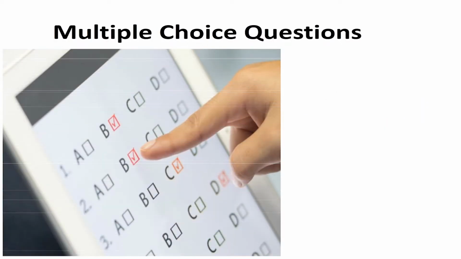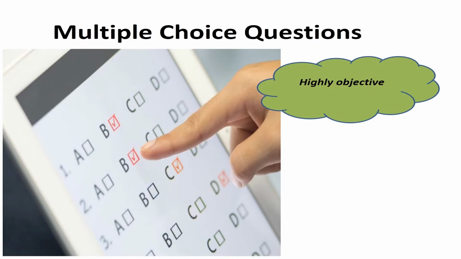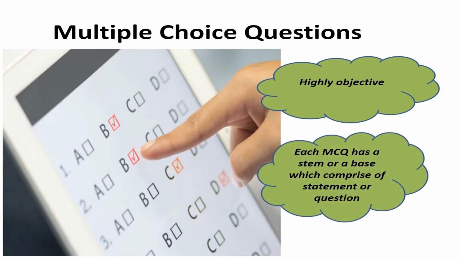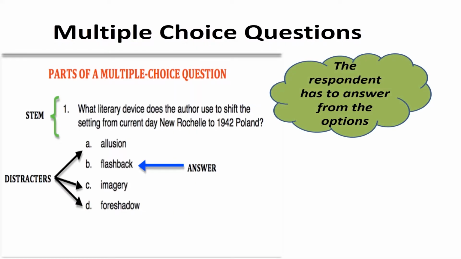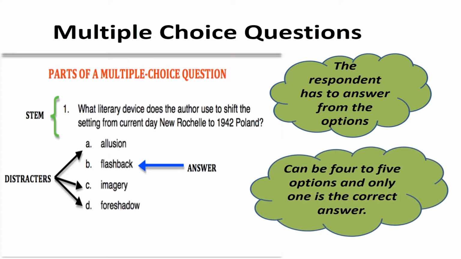The next type of questions are multiple choice questions. These type of questions are highly objective. Each question has a stem or a base which comprises of a statement or a question. The respondent has to answer from these options. There can be 4 to 5 options, but there is only one correct answer.